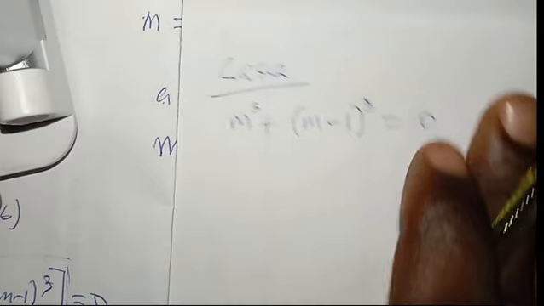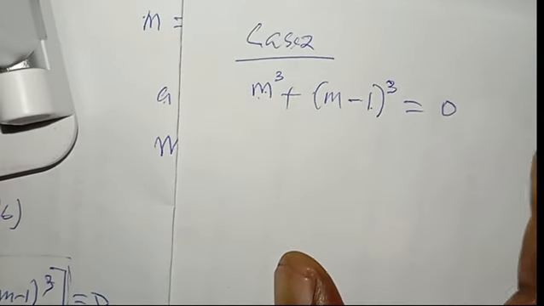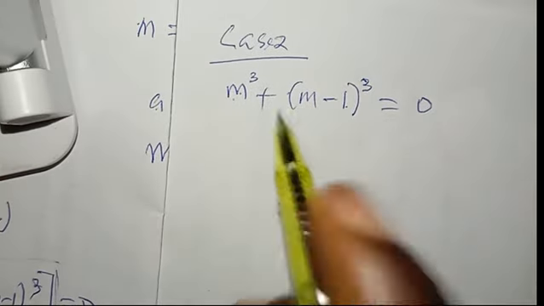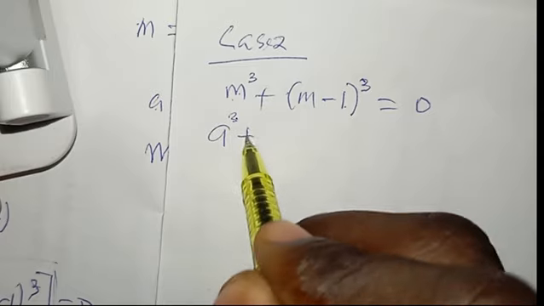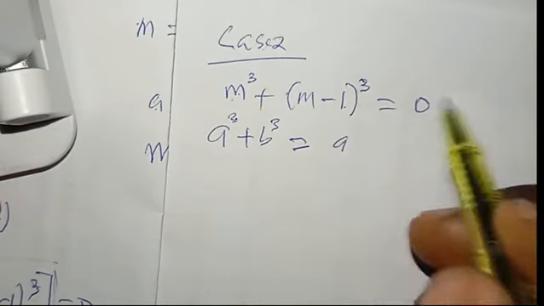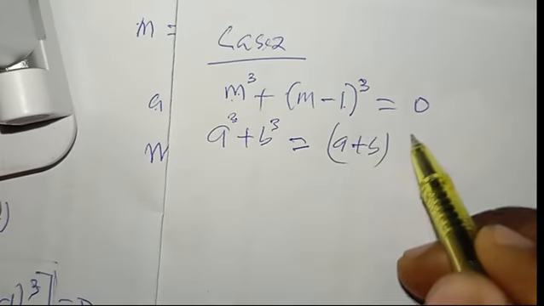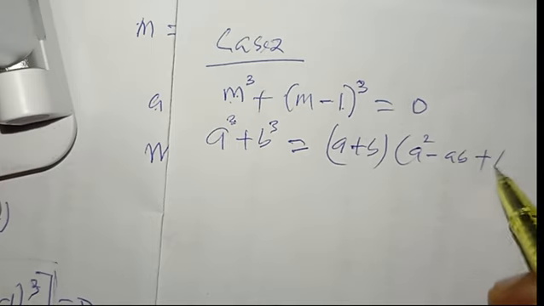Okay, so moving on, you can also see that this is a sum of two cubes, and you can remember that if you have a to the power 3 plus b to the power 3, when you expand, it is actually going to give you a plus b, and then a squared minus ab plus b squared.